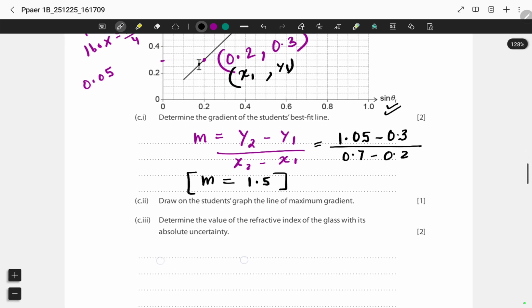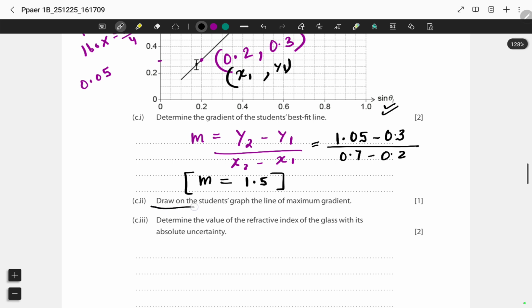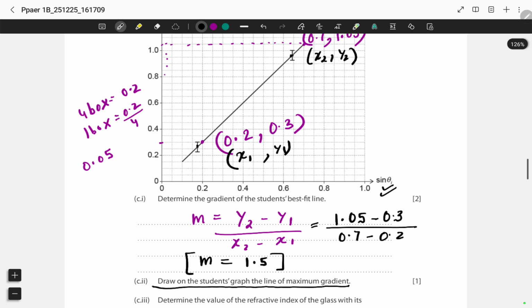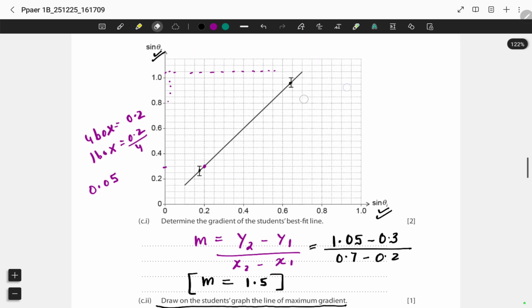Now in the second part, they're asking: draw on the student's graph the line of maximum gradient. It's very important, so let me teach you how to draw the lines of maximum and minimum gradient. To draw the line of maximum gradient, take the last point's uncertainty bar and match it with the highest point of the uncertainty bar. This green line is the line of maximum slope.